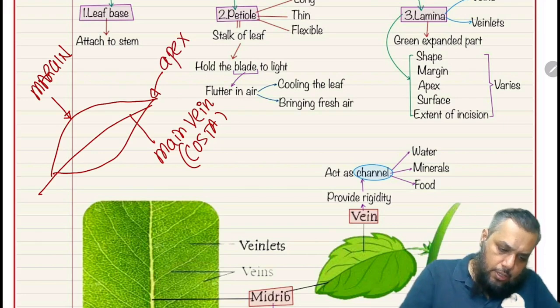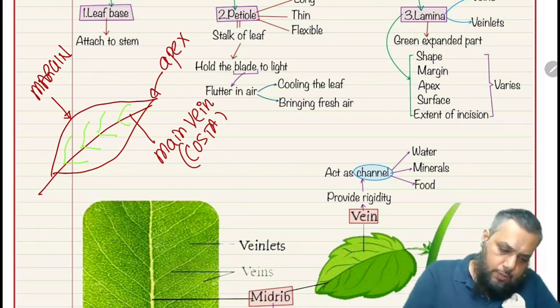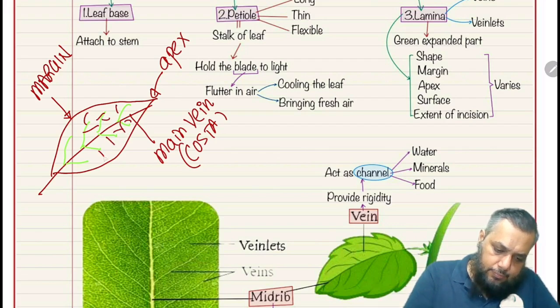From the main vein arise the veins, and from the veins arise many veinlets.